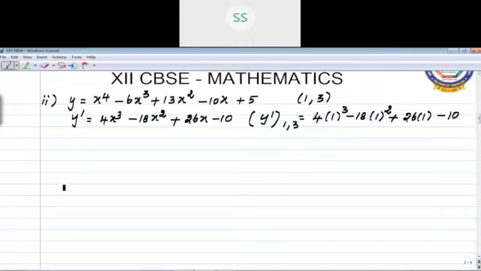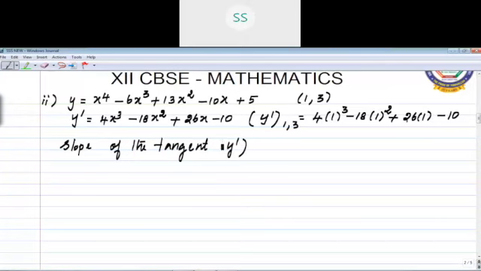Slope of the tangent is nothing but y dash. Y dash at point 1 comma 3 equal to what?